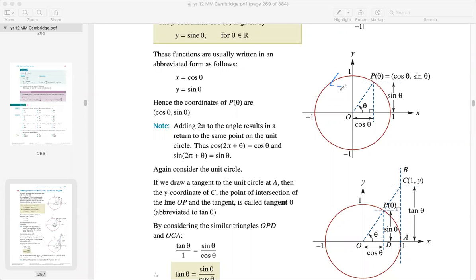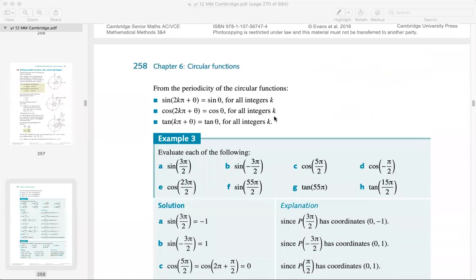And if I rotate clockwise, P can go to negative infinity. That's how we extend the domain, or the boundary for P. That's why we call it a circular function, because we define it in the circle.